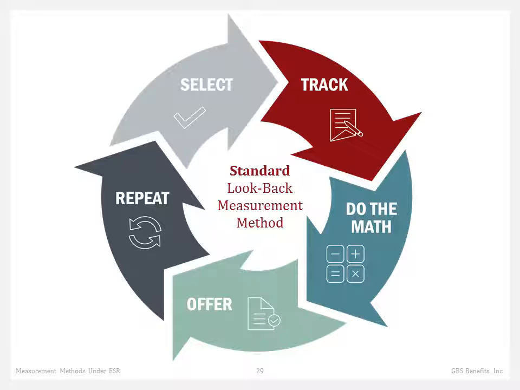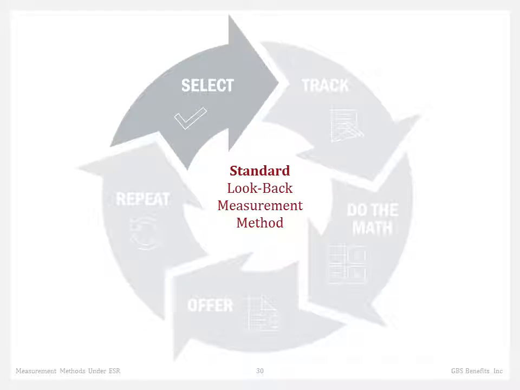So we have here this sort of graphic to help you see how it really is pretty basic. If you think about it, you just have to select. If you look up at 11 o'clock there, you've got select. That's where you start. Track, do the math, offer, and repeat. So let's first talk about select.